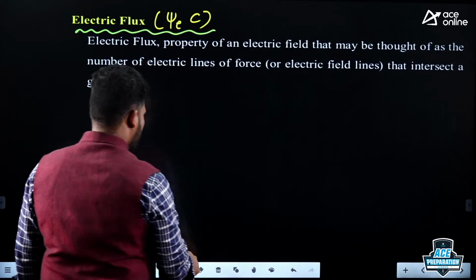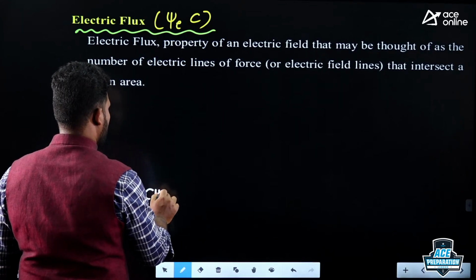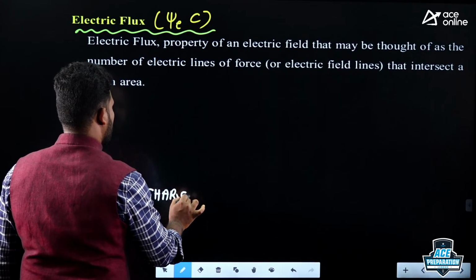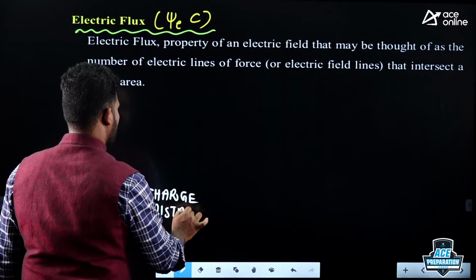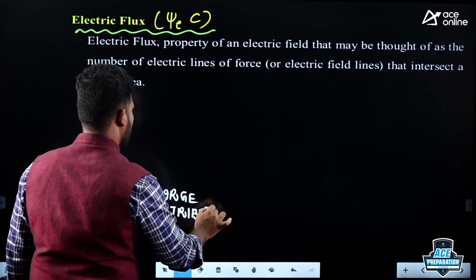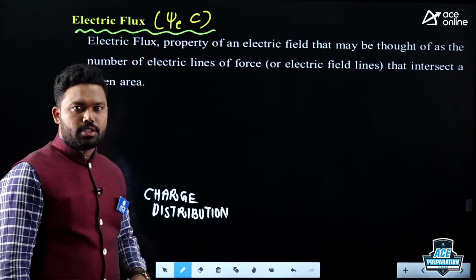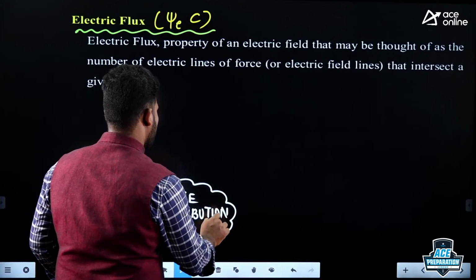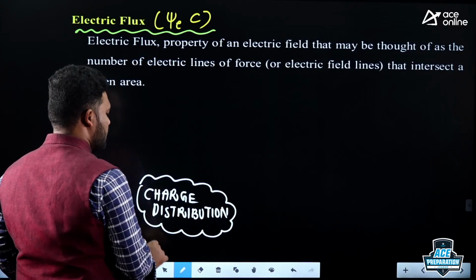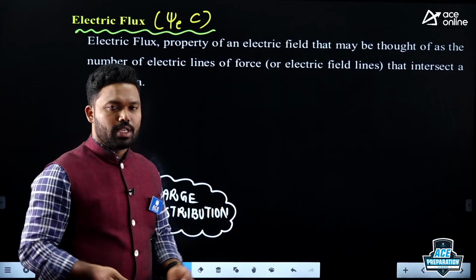Now let us take a charge distribution. When I say charge distribution, it may be any charge. It could be a point charge, a line charge, a surface charge, or a volume charge.